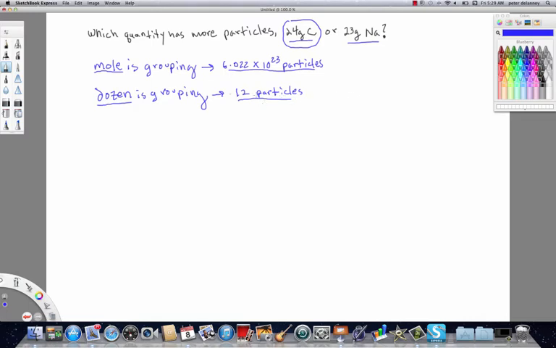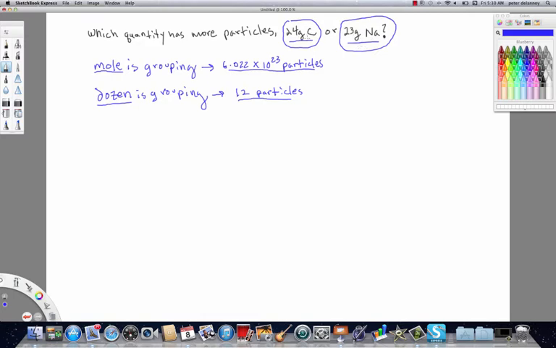Now, this grouping alone is not enough to provide us a method for counting atoms and molecules without actually having to count them. When we're considering 24 grams of carbon or 23 grams of sodium, the literal number of atoms in those masses is a huge number.